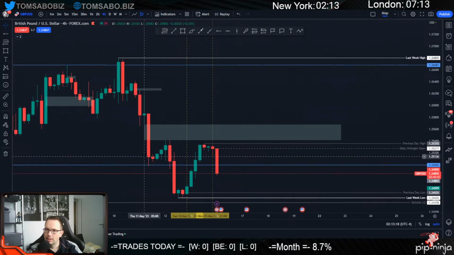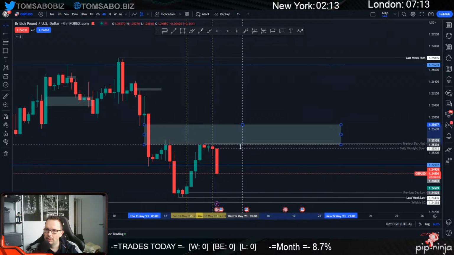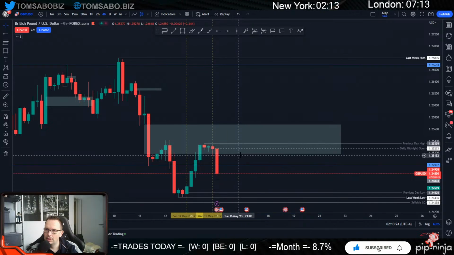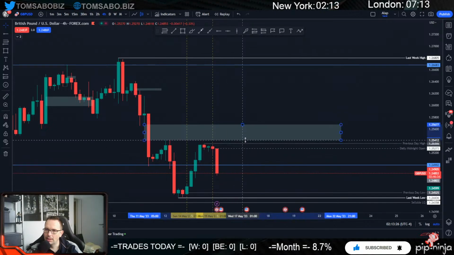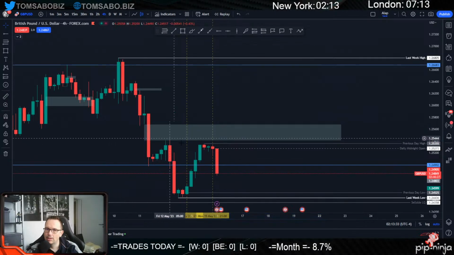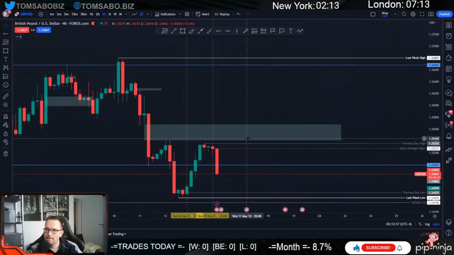But the original fair value gap started from here. Right now, I'm just pointing out that this is the area which hasn't been priced in yet. That could be a potential target to be priced in. Otherwise, nothing to see there.